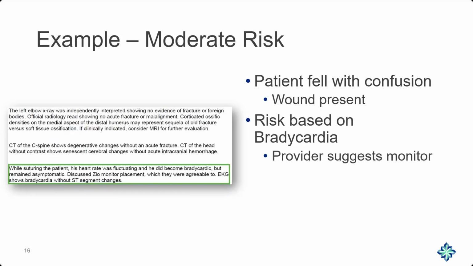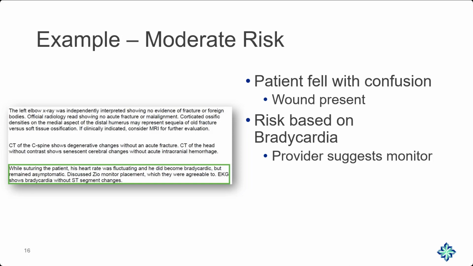So this is an example of a moderate risk. In this situation, we have a patient that came in, they're having elbow pain, they're having an x-ray on their elbow. They fell and they had some confusion for a period of time after they fell. And there was a wound present. The provider did document, and you'll see in that green box on the image that's shown, the provider did assess that the patient's heart rate was fluctuating while they were suturing the patient.